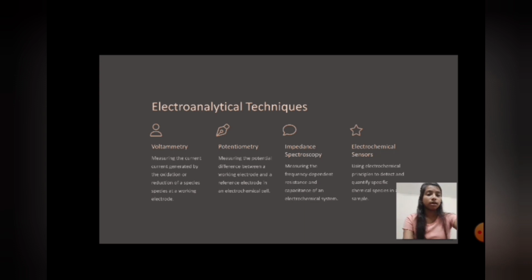Impedance spectroscopy, measuring the frequency dependent resistance and capacitance of an electrochemical system. Electrochemical sensors, using electrochemical principles to detect and to quantify specific chemical species in a sample.